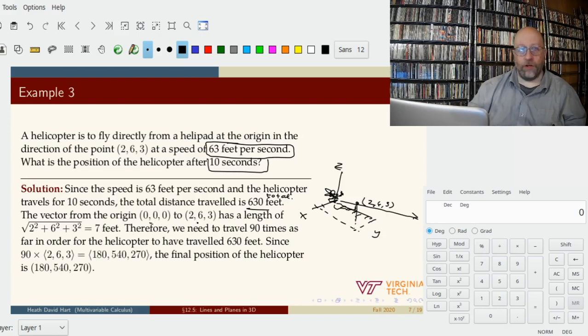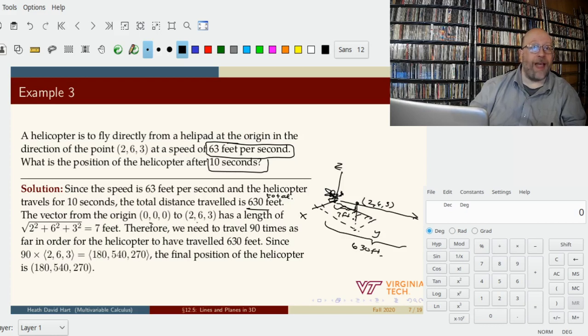Going from the origin to (2, 6, 3), we use the distance formula, or the Pythagorean theorem, if you want to think of it that way. We get the square root of 2 squared plus 6 squared plus 3 squared, which equals 7 feet. So this is 7 feet long. And the helicopter traveled a total of 630 feet.